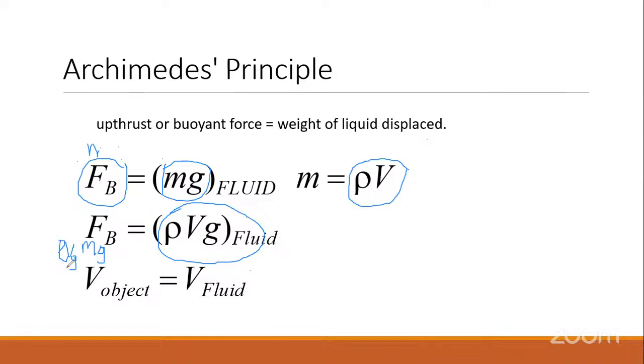Here we have volume, density and acceleration due to gravity for the fluid, and here we have volume, density and acceleration due to gravity for the object. The densities are the same because we are talking of the density of the fluid, so the density cancels out. Then acceleration due to gravity cancels out. We are left with the volume of the object and the volume of the fluid. So volume of object is equal to volume of fluid.